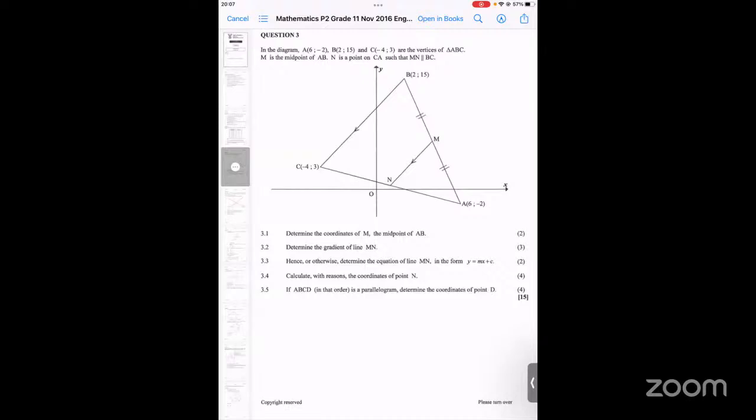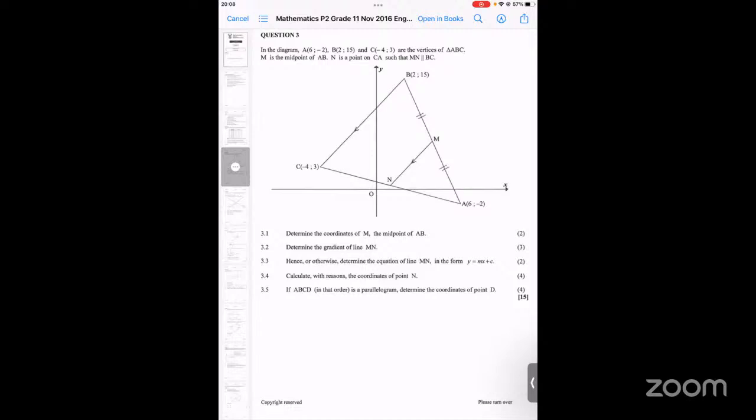First question being 3.1, they want you to determine the coordinates of M being the midpoint of AB. There shouldn't be an issue on that one. And then 3.2, determine the gradient of line MN. Okay, there shouldn't be an issue there, but you might just need to think deeper based on the given information.